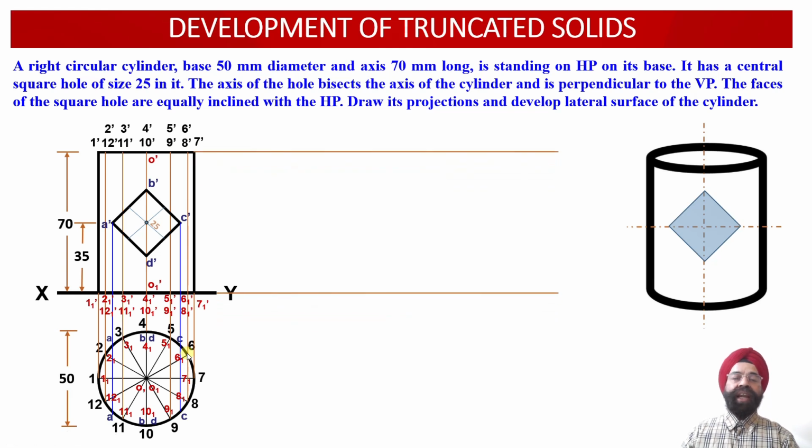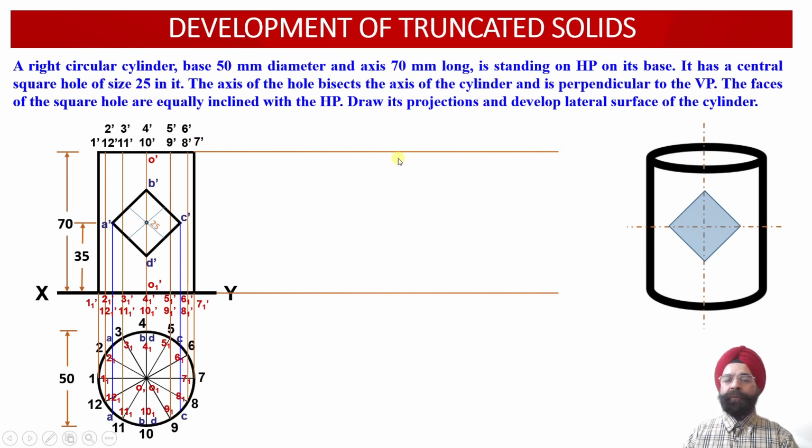So now let us obtain the development of the untruncated or uncut right circular cylinder over here. We all know that we are going to make use of the parallel line development method in order to obtain the development of the right circular cylinder.